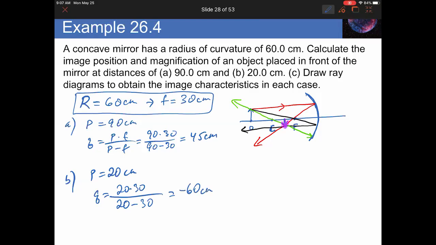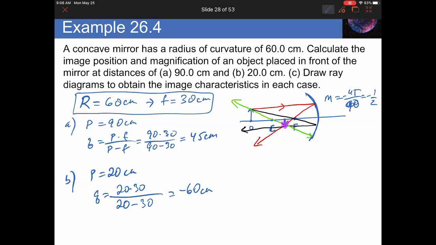By the way, for part A the magnification equals negative 45 over 90, so I'm going to get negative 1/2.